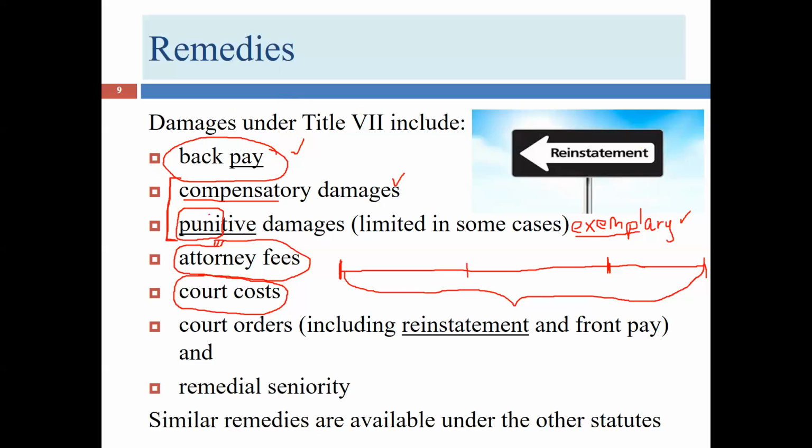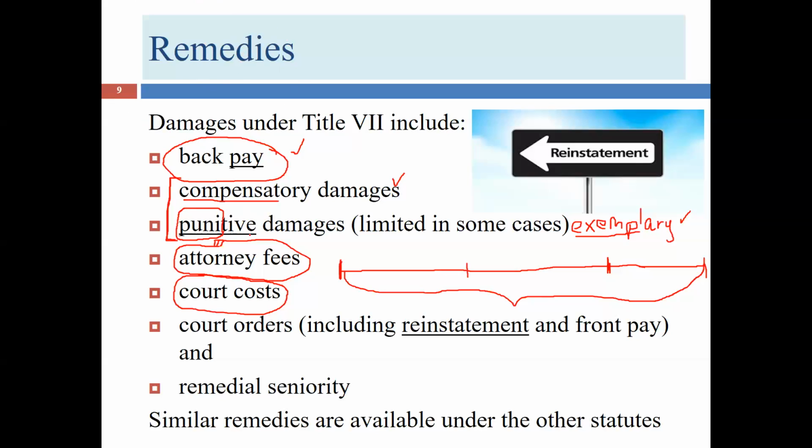These two numbers can't exceed a certain sum, and the sum depends upon the number of employees that that particular employer has. The cap generally is $300,000 for both compensatory damages and punitive damages together. The back pay isn't capped. It can be as big or as small as the amount makes sense.